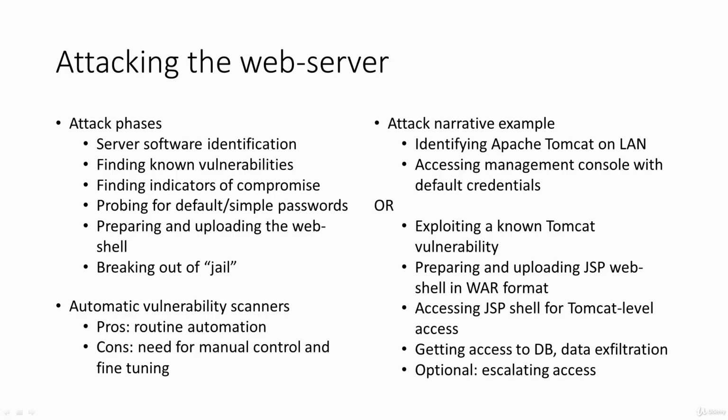So you just assume that there is some Apache Tomcat behind that, and you go to its management console URL, and that URL shows you a login password window. You type in the default Tomcat credentials, and most vulnerability scanners will find that for you, most probably, and you get in.